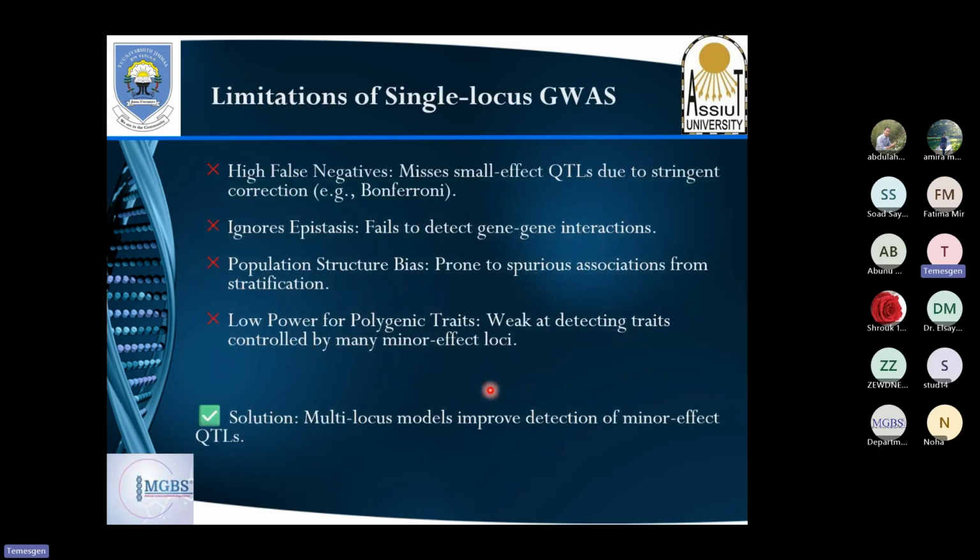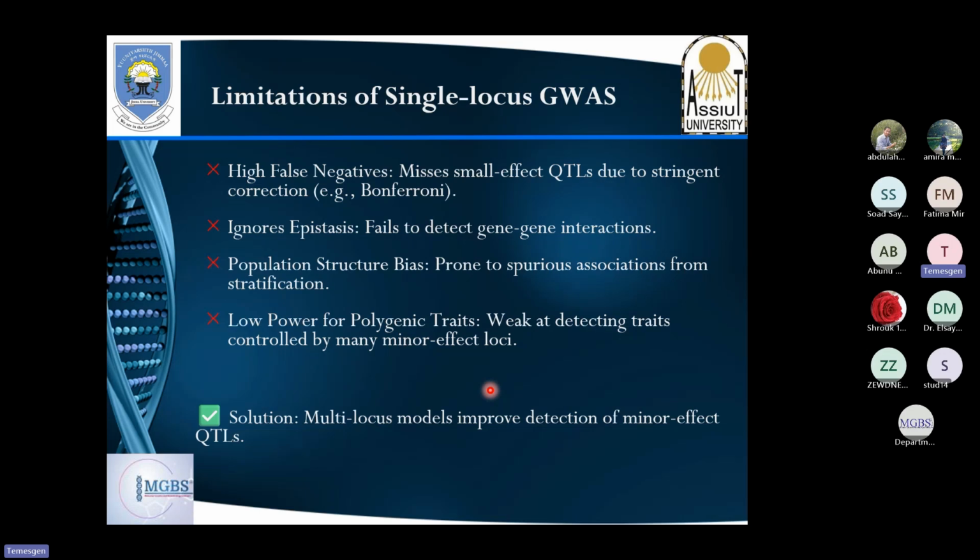So what's the limitation? When you do GWAS for adaptive alleles in a single locus, the first one is a high false negative rate in single locus QTL. For example, if you define using the Bonferroni threshold method, it's very stringent. We cannot detect alleles which have very small effect in QTL, particularly adaptive alleles.